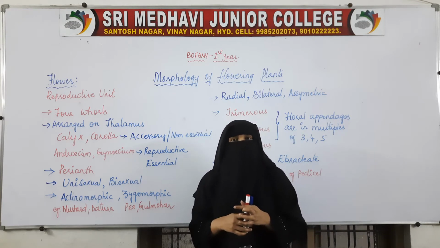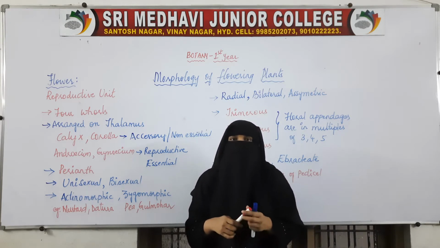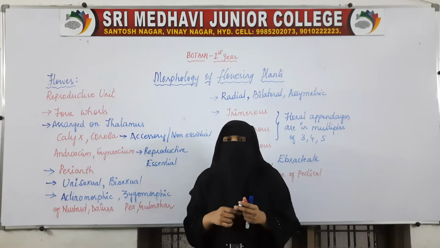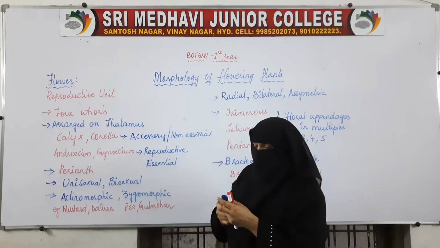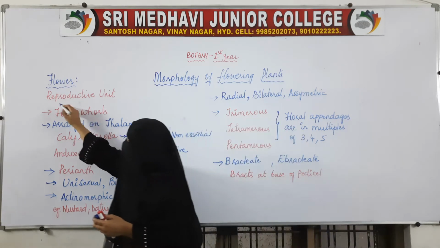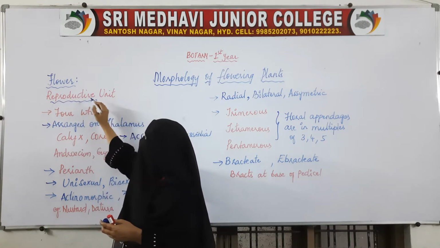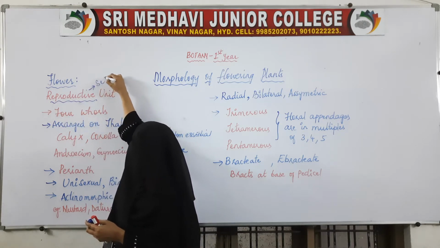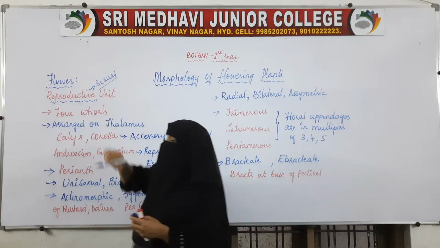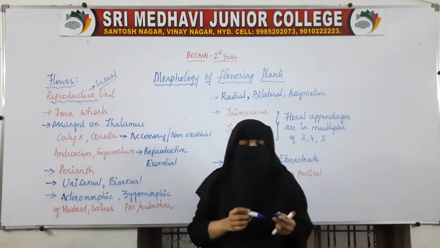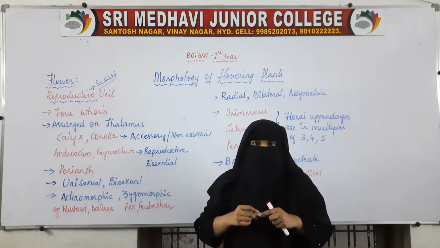Sexual reproduction in plants takes place because of the flower. Flower is the only part of the plant which helps in sexual reproduction.